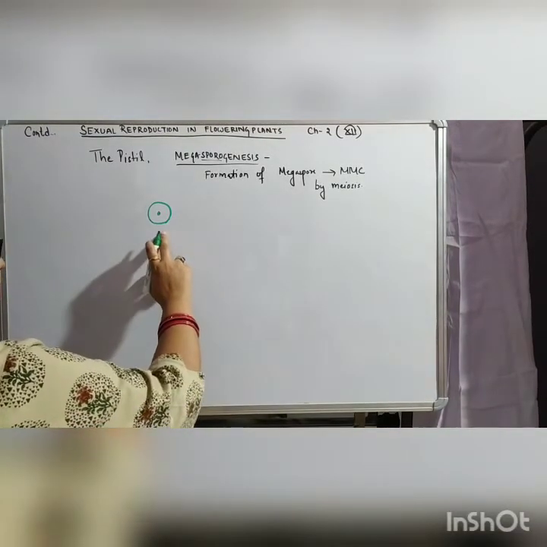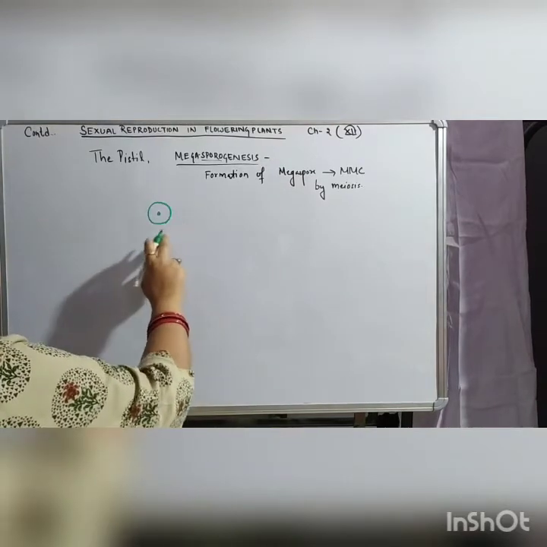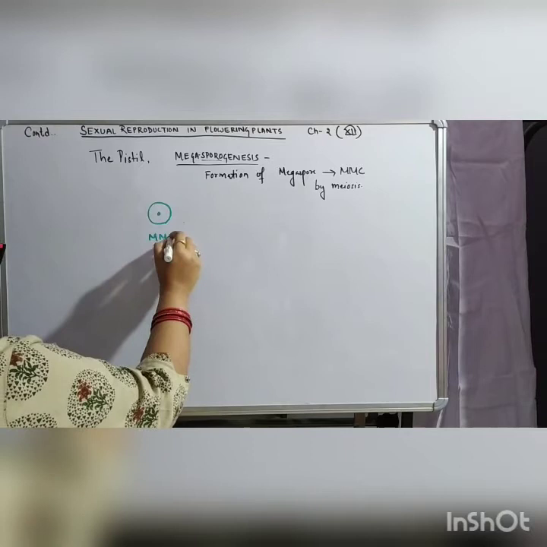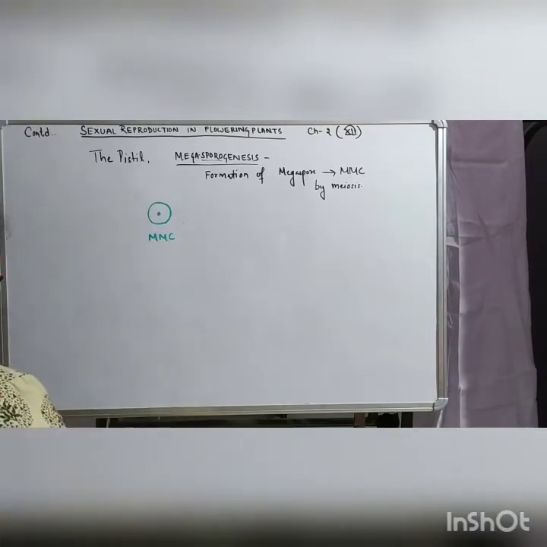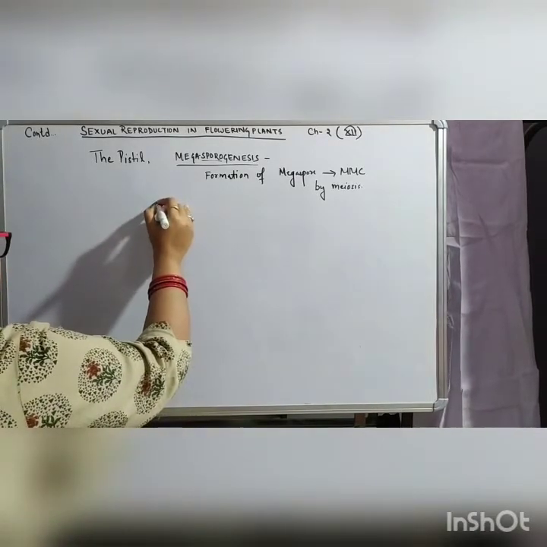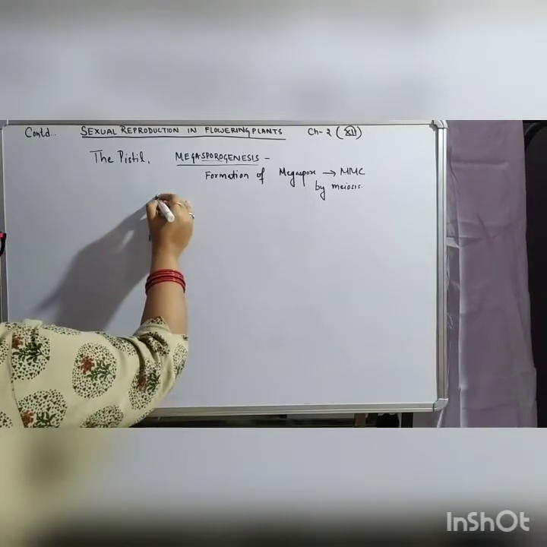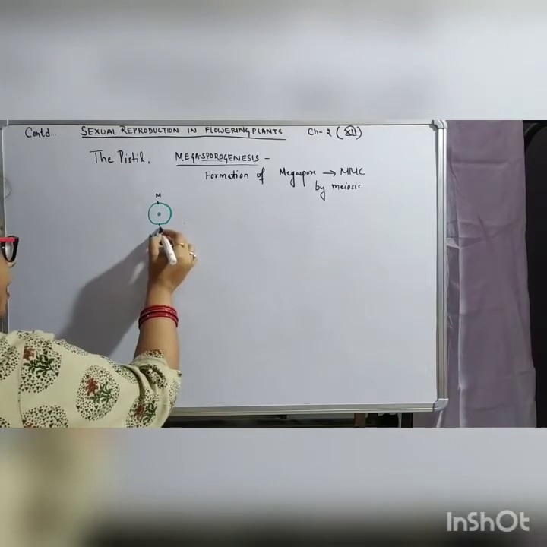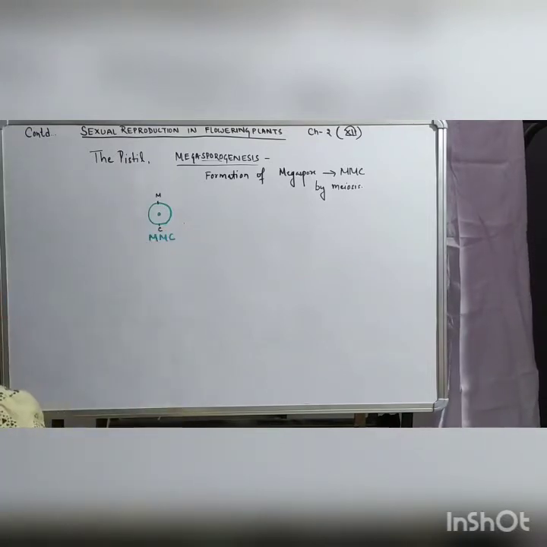So we had ended up with this green colored mass. What is it? It's the megaspore mother cell. The dot represents the nucleus present in it, and the top portion represents the micropylar end, and the bottom portion is the chalazal end.